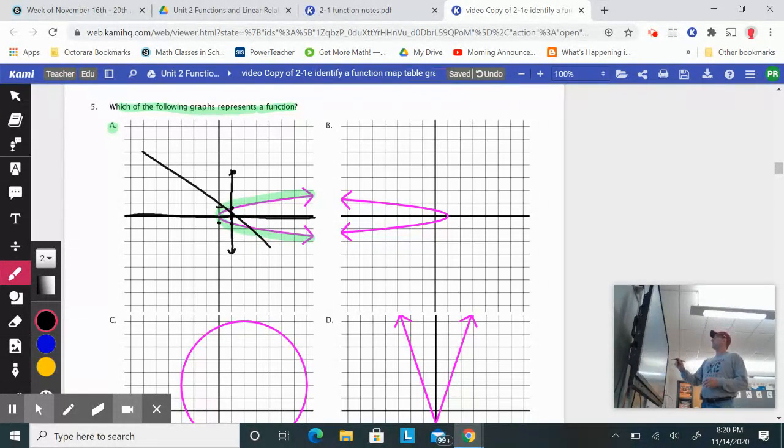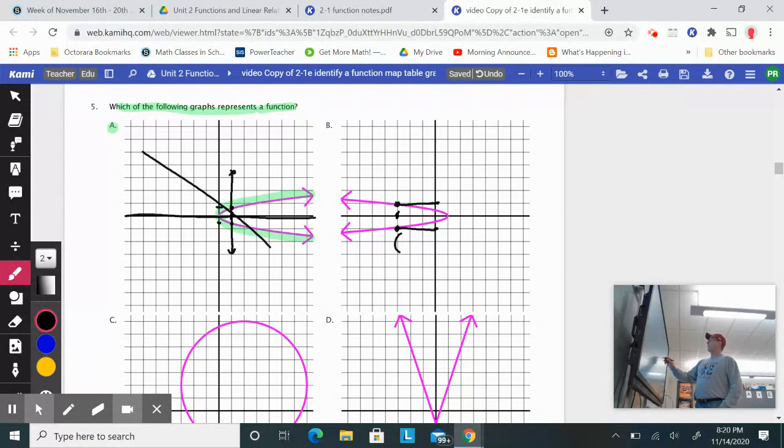Look at B. Look how this graph is. If I pick this X right here, there is an ordered pair that has that X value, but it has this Y value. That would be the output. Then there's another point that would have another Y value, and the X would be exactly the same.